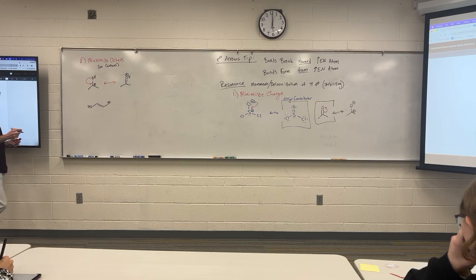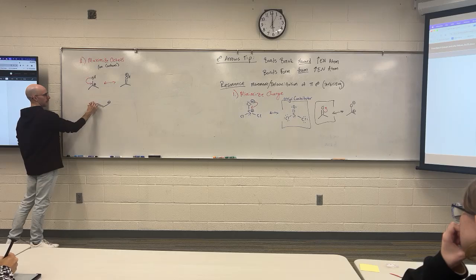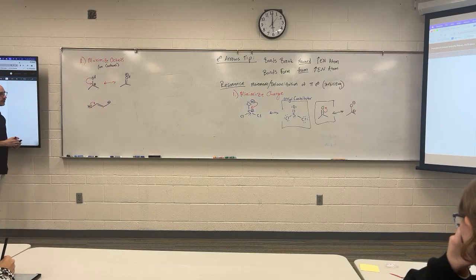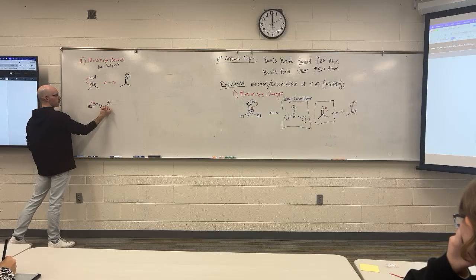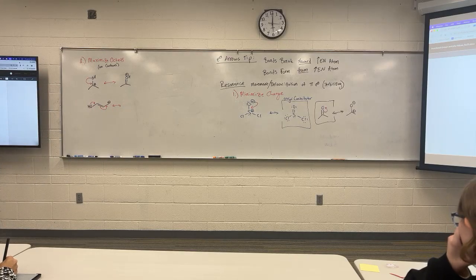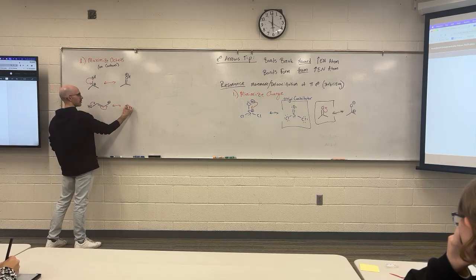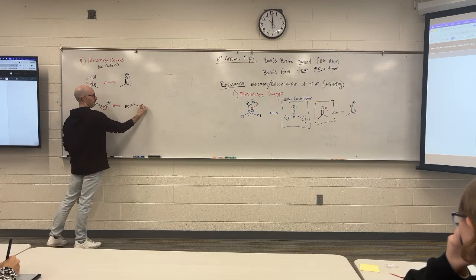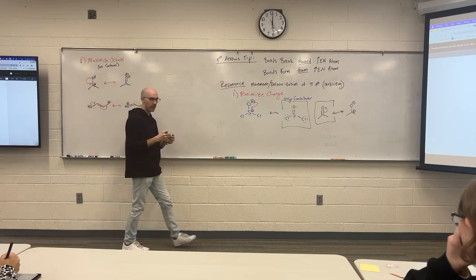Once again, the oxygen here can share its electrons with the carbon and move the pi bond across. The carbon on the right-hand side does not have an octet. And in this new resonance form, it does have an octet.